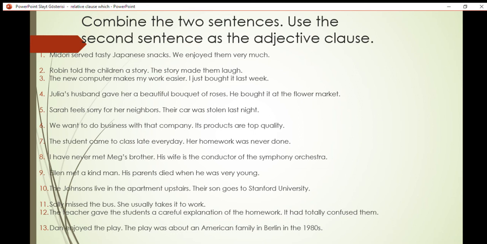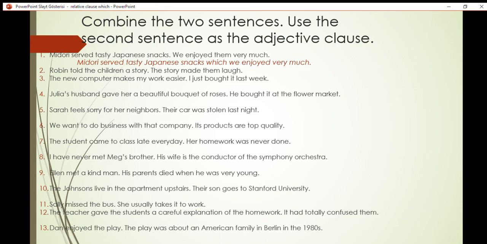In the second sentence, we're talking about them. What is them? It's tasty Japanese snacks, which means we're going to use which after snacks. Like this: Midori served tasty Japanese snacks, which we enjoyed very much.